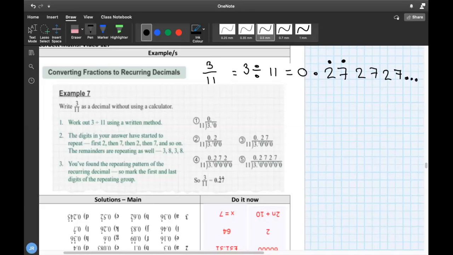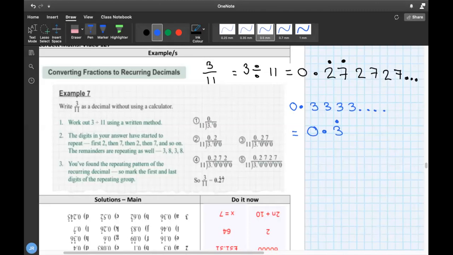I'm going to show you some of the other examples that we're going to come across throughout this lesson as well. One of the examples you may have seen before is 0.3 recurring. You wouldn't write it like that. You would write 0.3 with this dot above it.